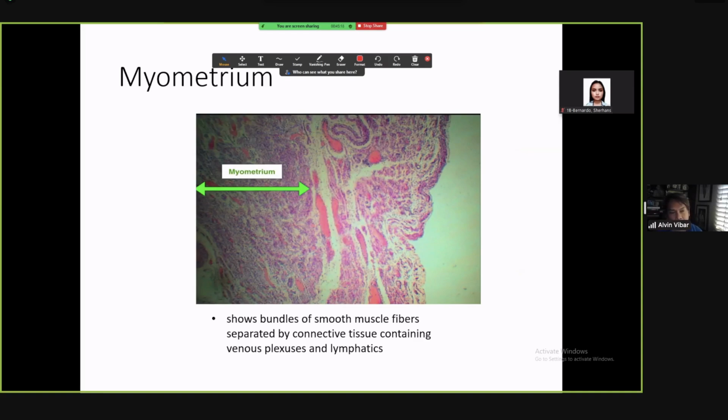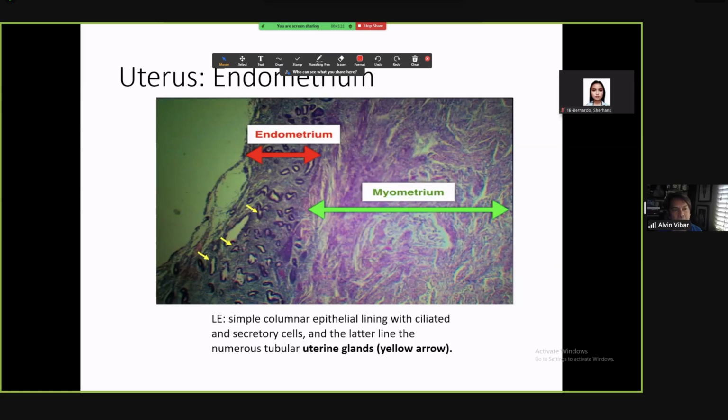Theoretically, you should know the differences between the proliferative, secretory, and menstrual stages of the endometrium, the uterine cycle, because there will be differences. But practically, we're not going to ask you that anymore. But you have to know, of course, that this is the endometrium.